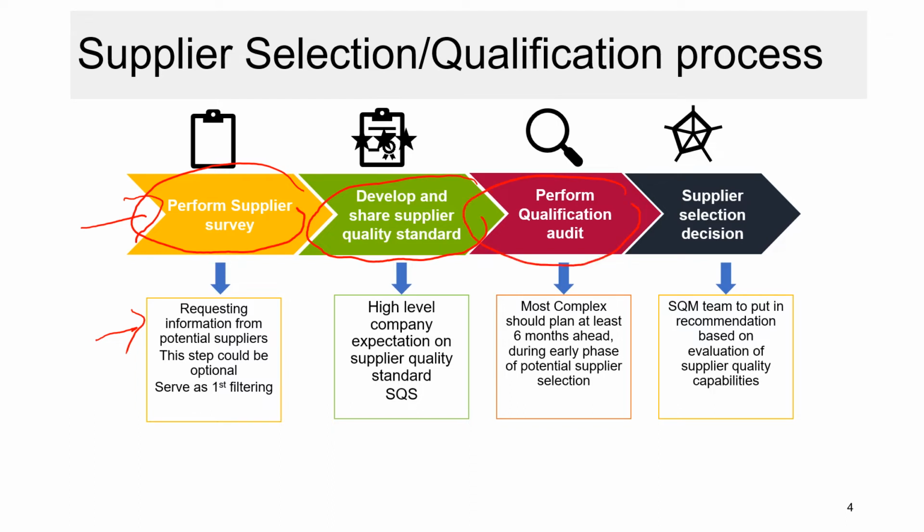Perform qualification audits. This step is the most complex and it should be planned at least 6 months ahead, during the early phase of potential supplier qualification.